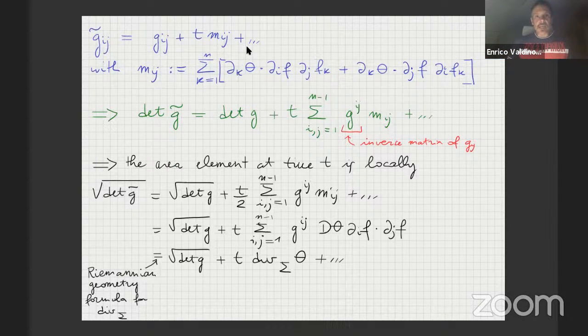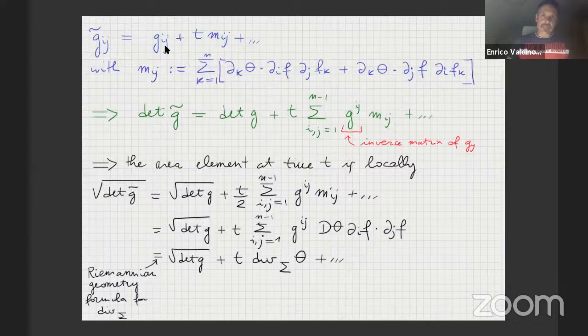Okay, now the determinant of the matrix g tilde is just the determinant of g at the order 0, plus the matrix that I obtain from the first order. So for instance, I would do the computation like this.